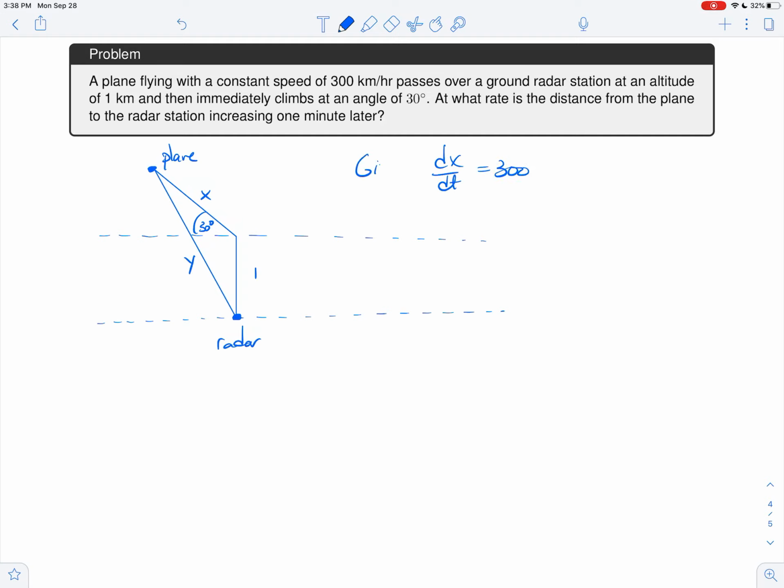We're given that. And what are we looking for? Well, we're looking for the distance from the plane to the radar station. So we're looking for dy/dt evaluated at the moment t equals 1.